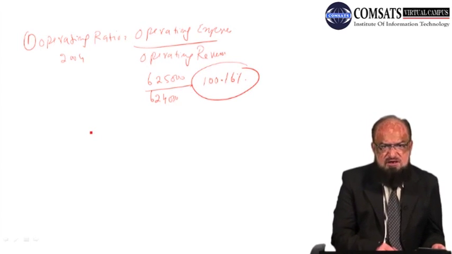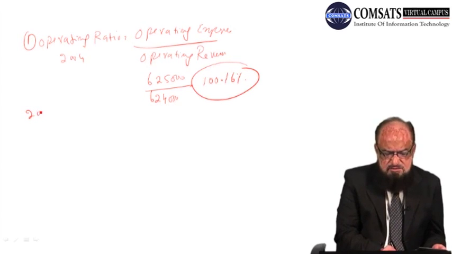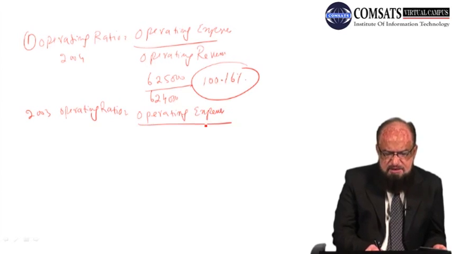Now we will calculate the operating ratio for year 2003. The formula will be the same: operating expenses divided by operating revenue.